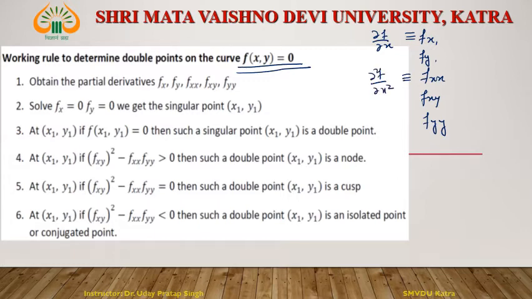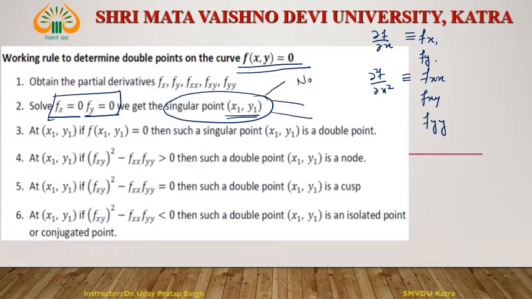Then what is a singular point? A singular point can be obtained by solving the equations fx = 0 and fy = 0. Solve these two equations and you get the singular point, say (x1, y1). Then what is the classification of this point?